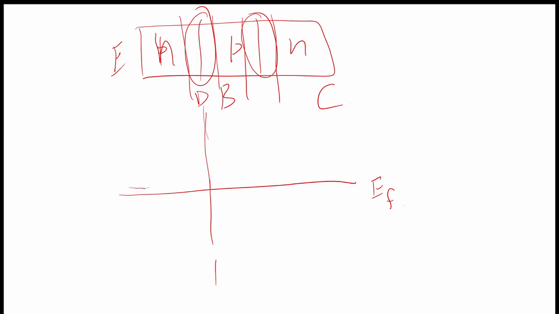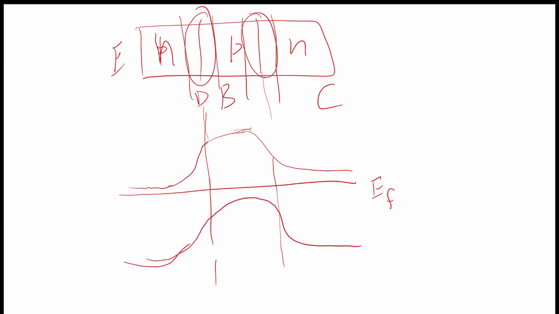In this region the conduction band is close to the Fermi level, and in this region the conduction band is away from the Fermi level. This drawing is not that good, but fine. This is the depletion region of this PN junction, NP junction we can say, and this is the depletion region of the PN junction in between the base and the collector.